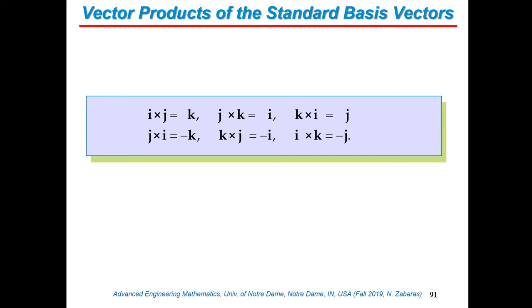So i cross j gives you k, j cross k gives you i, k cross i gives you j, but if you go in counterclockwise order, j cross i gives you minus k. These calculations are not to be taken lightly. They're extremely essential when you work with cross products and do this sort of algebra.